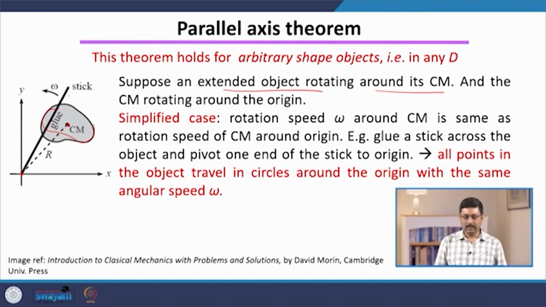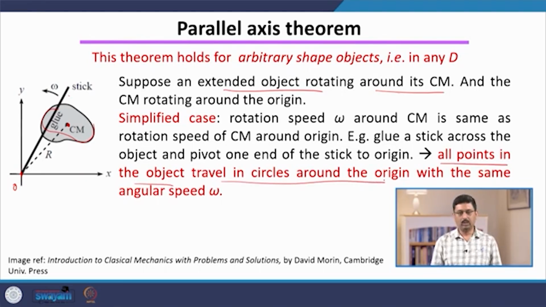And consider the special case that the speed of rotation about the center of mass is the same as the speed of rotation about this origin. You can visualize that in this special case all points in the object travel in circles around the origin with the same angular speed.